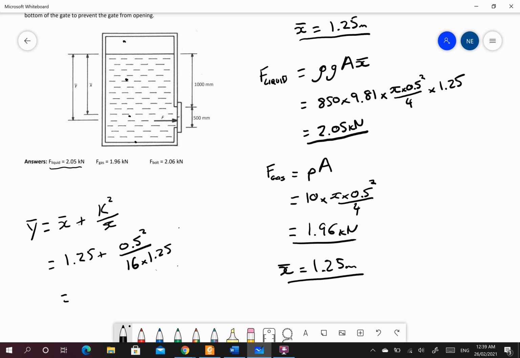We end up with 1.2625 meters. That is y bar here. So k is equal to D on 4 for a circle.